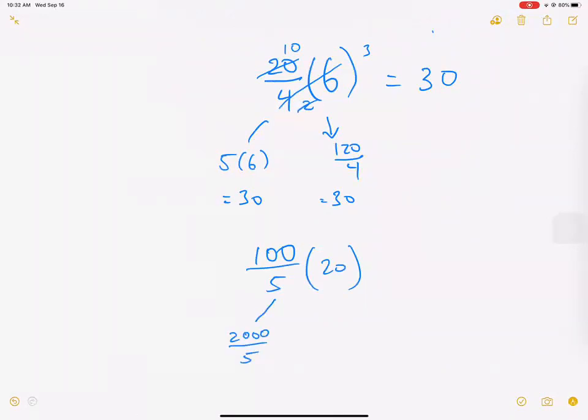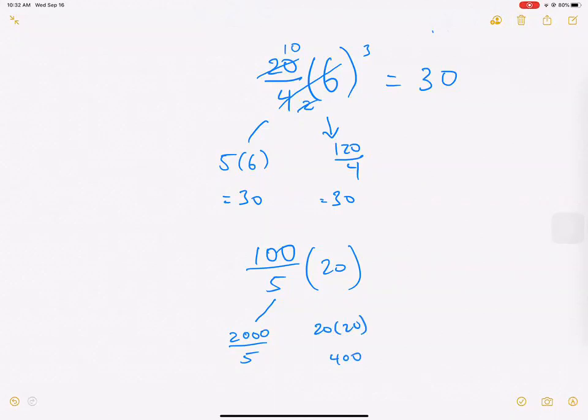But that's always like the last resort way. How many can I divide 100 by 5? That seems like a big number, isn't it? You could do it. And that's going to give us 20. And then this is actually 20 times 20. You could do that, which is 400.